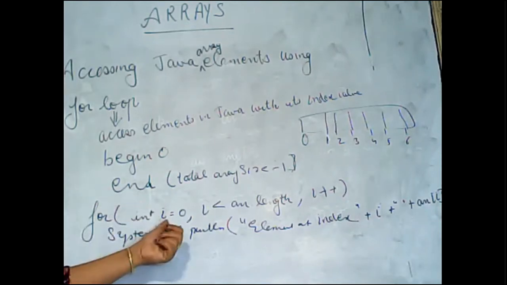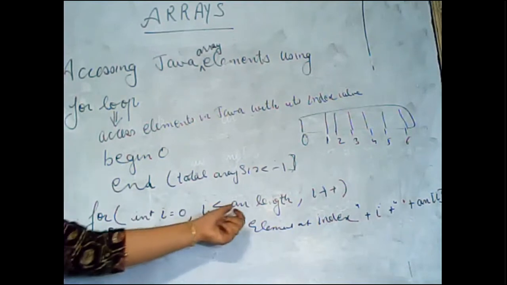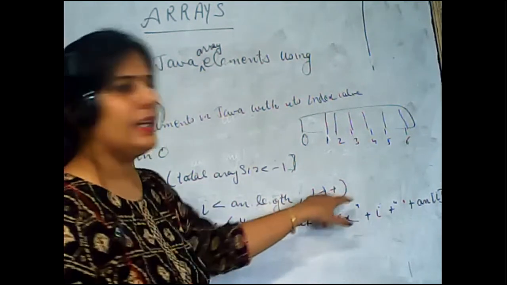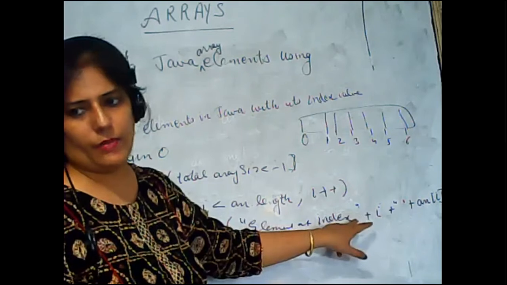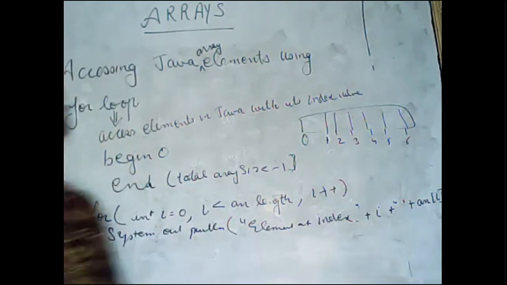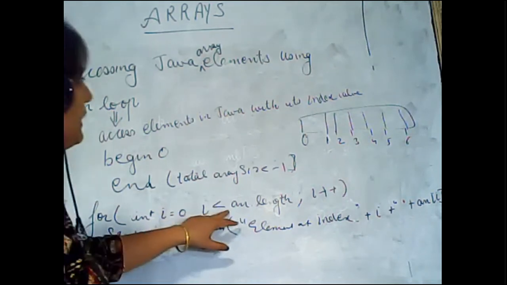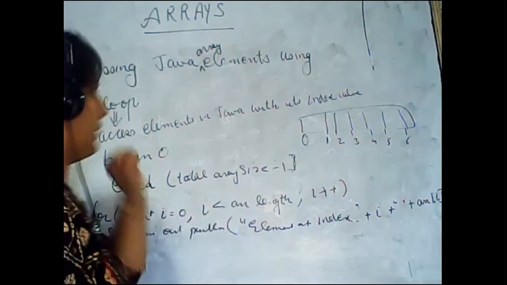So we need to start with the first position, that is 0, and then move towards the total length of that array, and finally we will be accessing each and every element one by one in a proper sequence. Okay, so this is a case that you can see, that is how you can start with the initial point and end at the total length size.